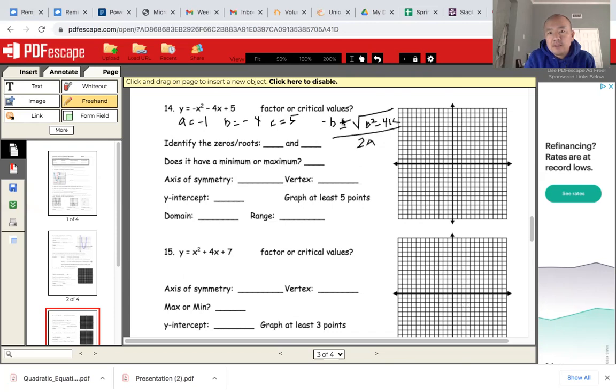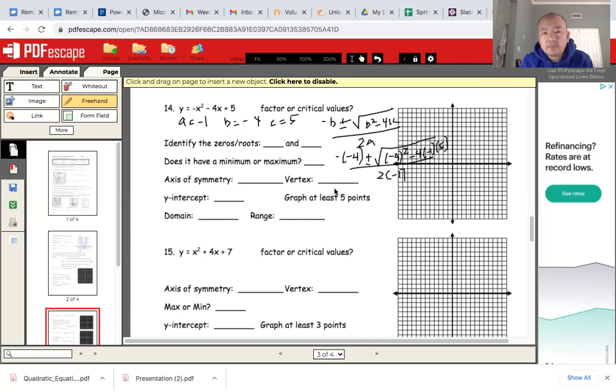Plugging these numbers in, it would be negative of negative 4, plus or minus the square root of negative 4 squared, minus 4 times a, which is negative 1, times c, which is 5, all over 2 times negative 1.